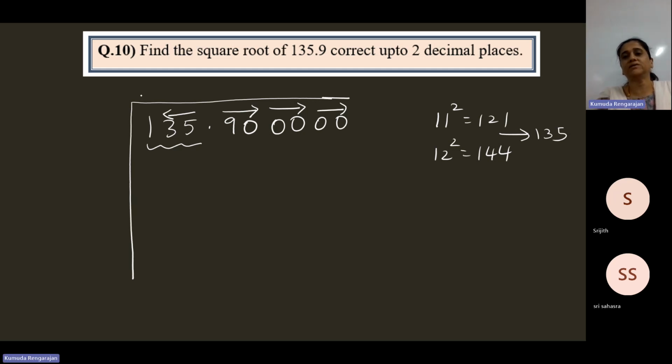You will not get remainder 0. Remainder will not be 0. It's not a perfect square. That's why the question is correct up to 2 decimal places.